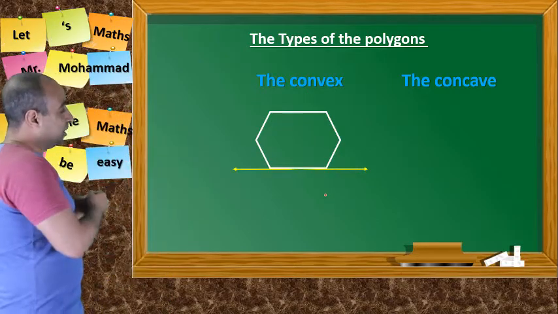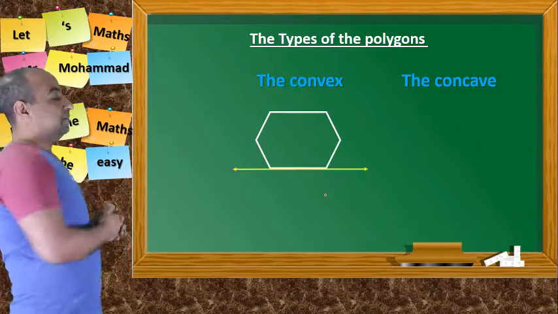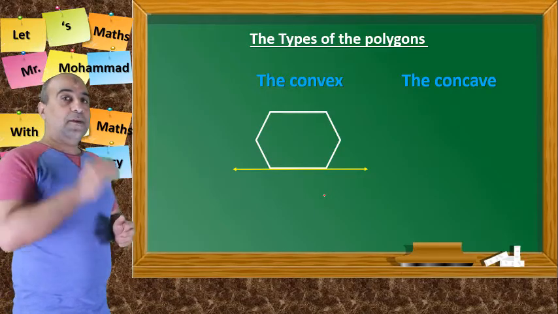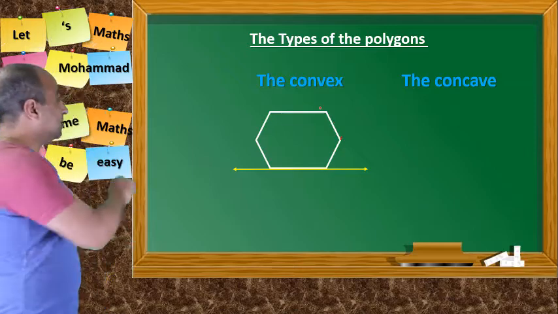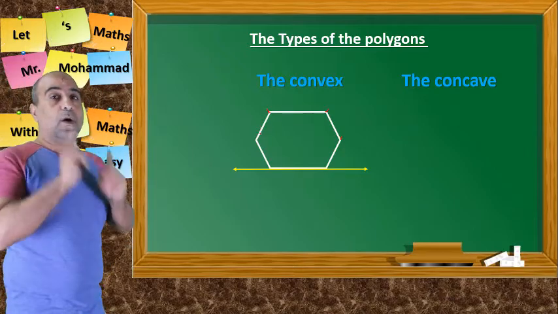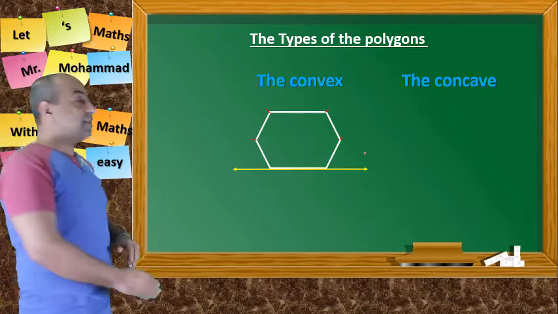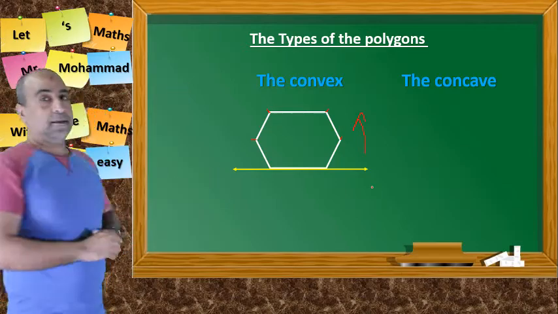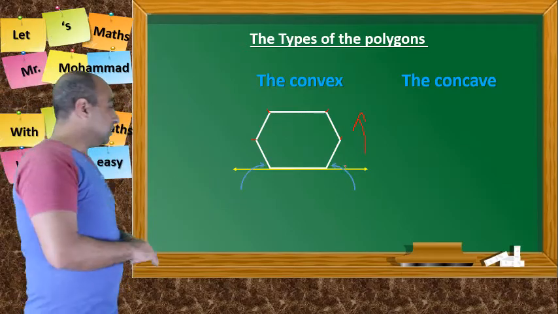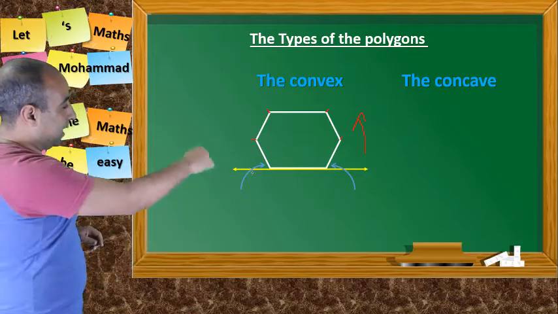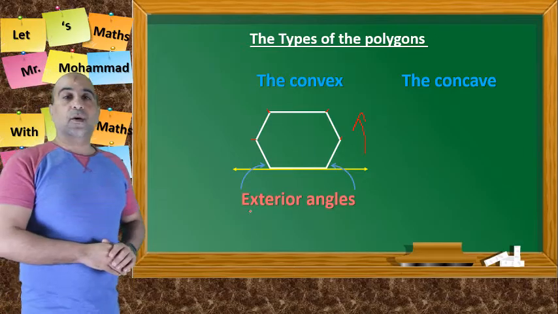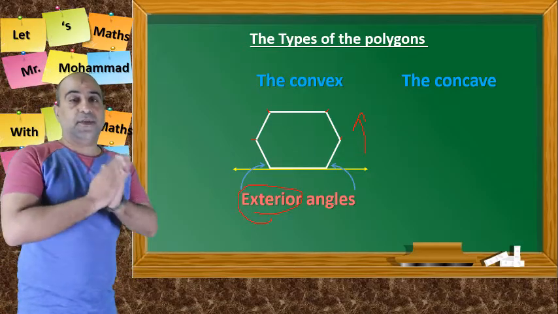Just like if we extend, for example, this side, notice that all the other vertices are on the same side of this straight line. And notice this angle and this angle are called exterior angles.